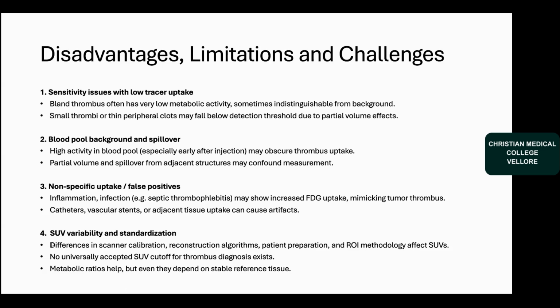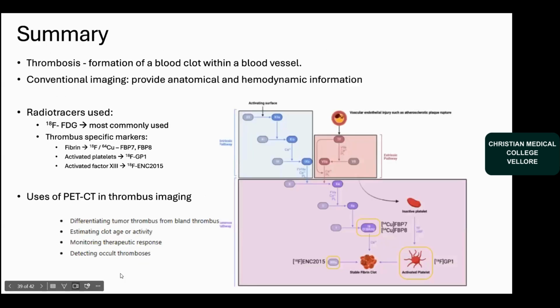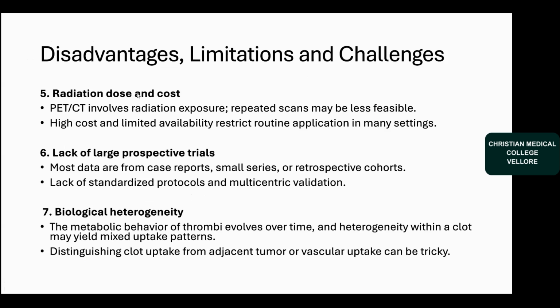To counteract this SUV variation, metabolic ratios like the thrombus to liver and thrombus to aorta ratios can be used. Next, the radiation dose and cost. Cost is also high, and the radiation dose is comparatively high compared to standard conventional imaging.